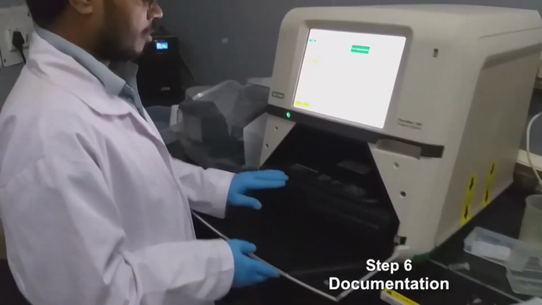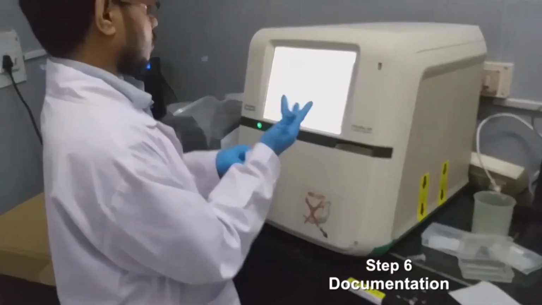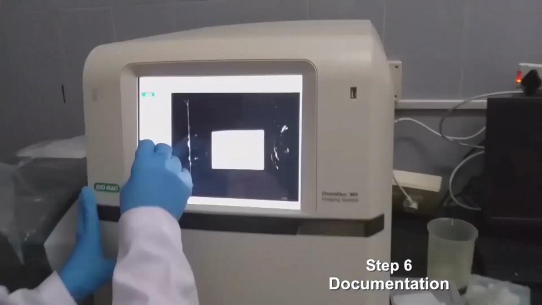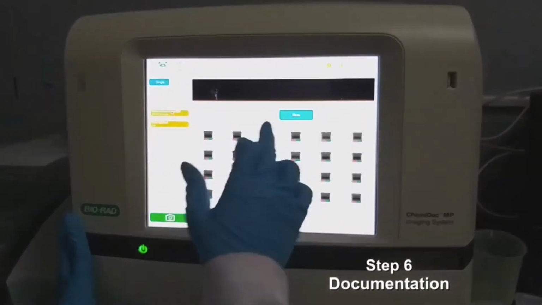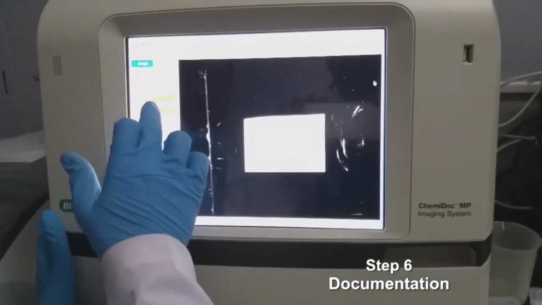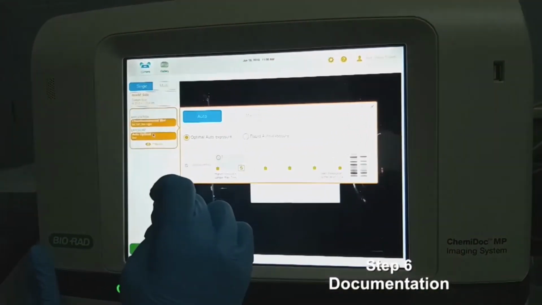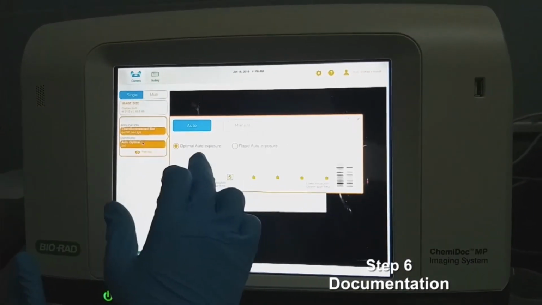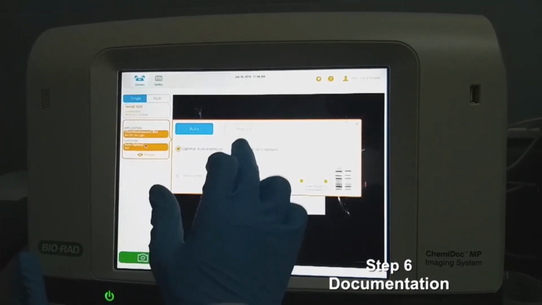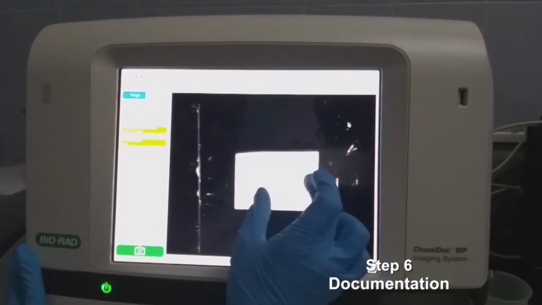Once it is over, you just close. Here we have to select the application. We want blots, that is chemiluminescent, and what exposure we want. You have two options, manual and auto. In auto, two options are there: optimal auto exposure and rapid auto exposure. We will choose optimal auto exposure.